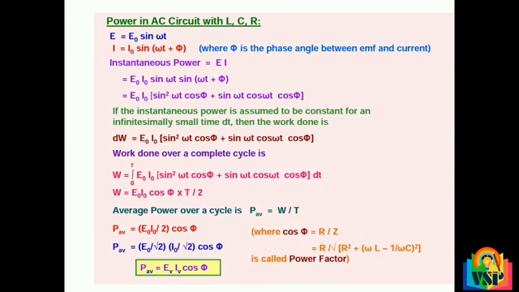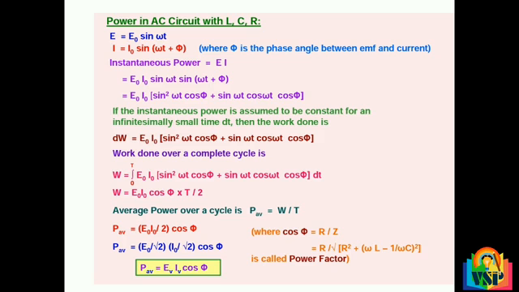Power in an AC circuit with LCR. We know that the alternating voltage E is equal to E naught sin omega t, and I is equal to I naught sin (omega t plus phi), where phi is the phase difference. Instantaneous power is EI, like power is equal to VI, so E naught I naught sin omega t sin (omega t plus phi).